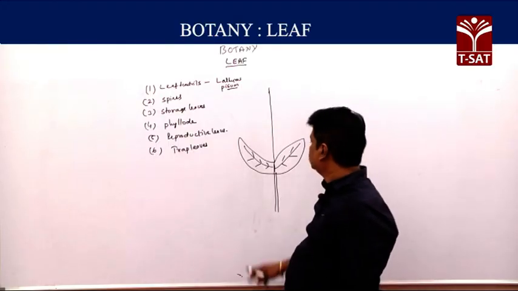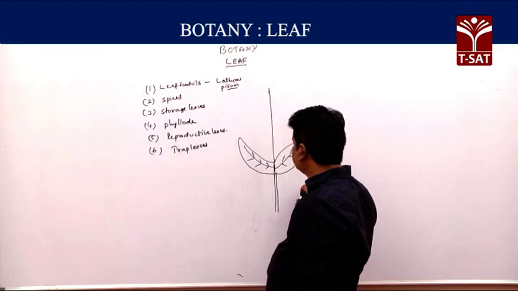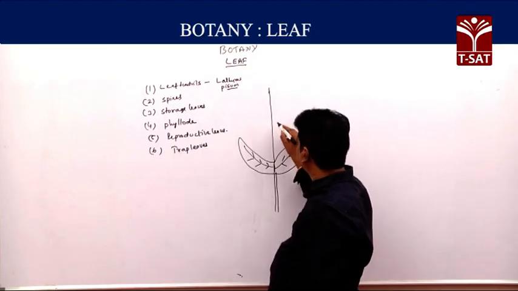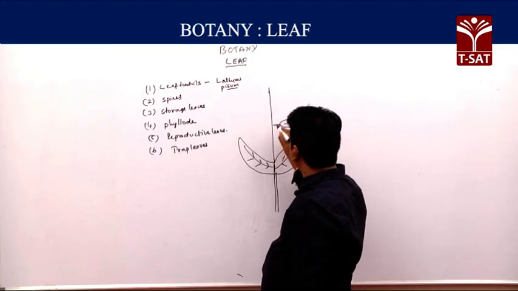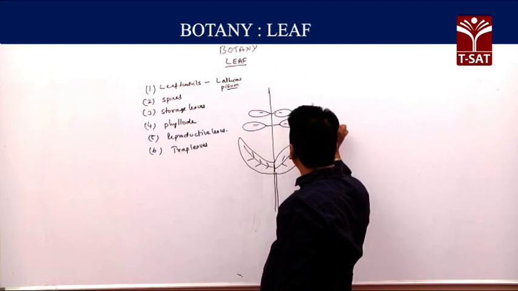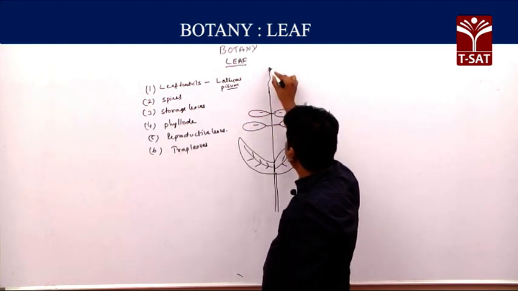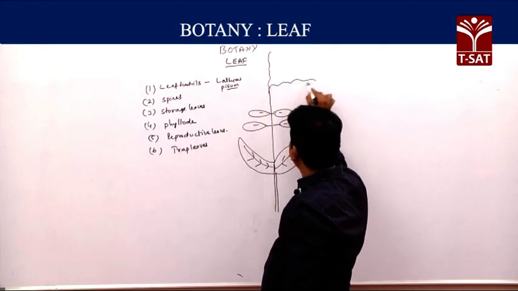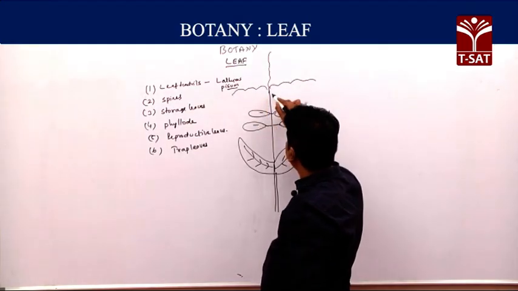But in Lathyrus, actually the leaf is unipinnately compound, in which the primary rachis contains leaflets, and lower leaflets are normal and perform photosynthesis, and upper leaflets are modified into tendrils.